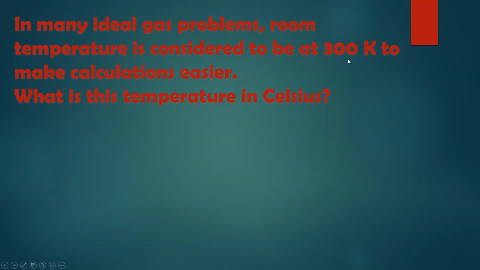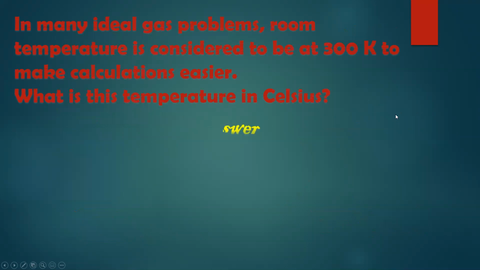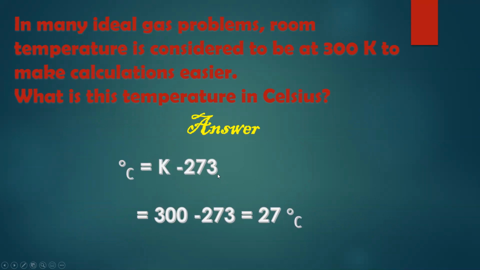It means you are asked to convert from Kelvin to Celsius according to the equation here. From Kelvin to Celsius, C equals K minus 273. So that's the answer. K is 300 Kelvin minus 273, so we have 27 degrees Celsius. This is the equivalent value of 300 Kelvin. This is the optimum temperature in ideal gas.